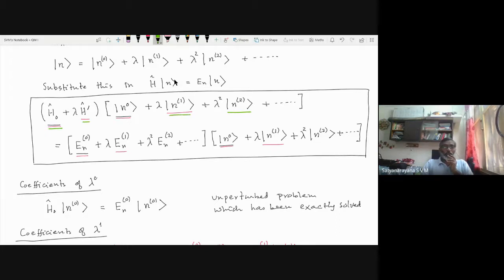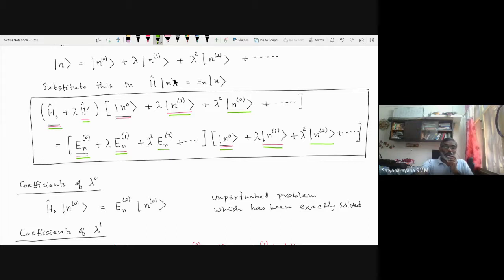So there will be two terms here. Similarly, E n0 into n2, E n1 into n1. Correct? Will there be any other term? E n2 into n0. There are three terms on the right hand side.